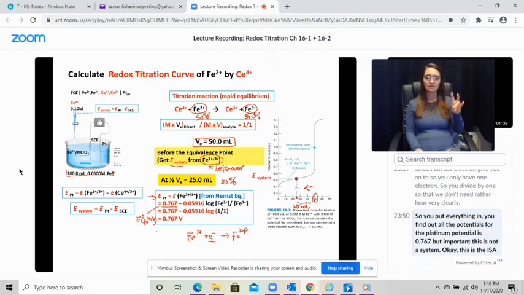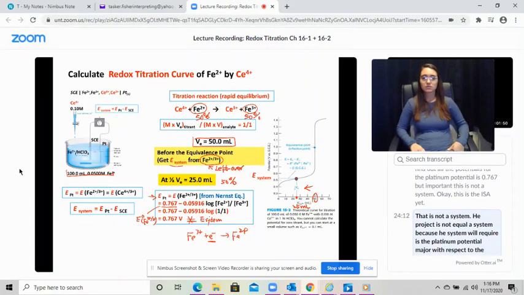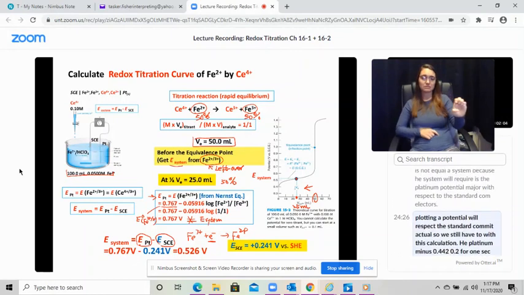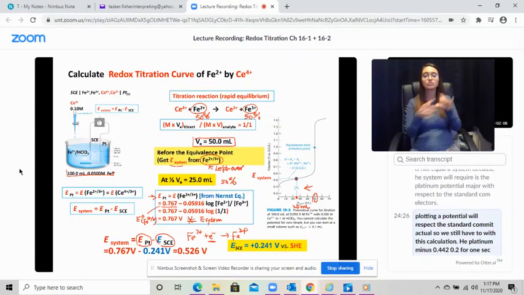But importantly, this is not E system yet. E platinum is not equal to E system, because E system requires the platinum potential measured with respect to the standard calomel electrode. So with this calculation, we still have to do E platinum minus 0.241 SCE, then that gives you this particular potential.